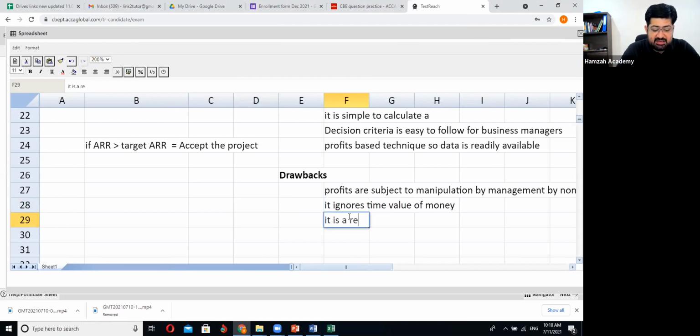It is also a relative term and ignores the size of the project. Note it down, I'll explain.